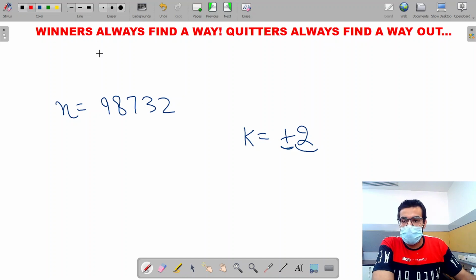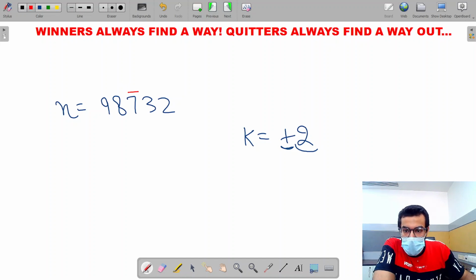So for example, if 7 is initially over here, I will shift the 7 to the right by 2 positions. This is position 1, this is 2. If it is 8, then 8 will come over here. If it is 9, 9 will come over here. So it becomes something like this, 987.